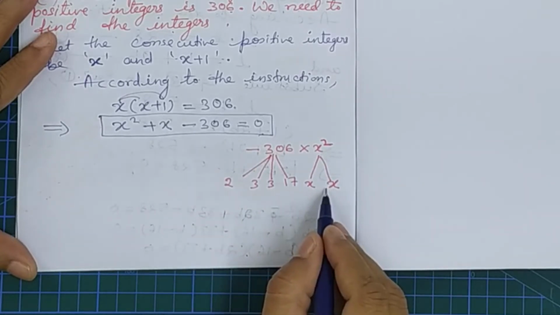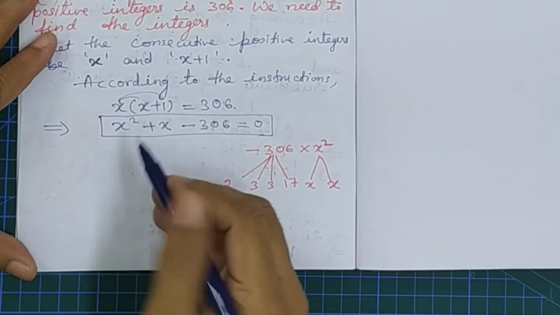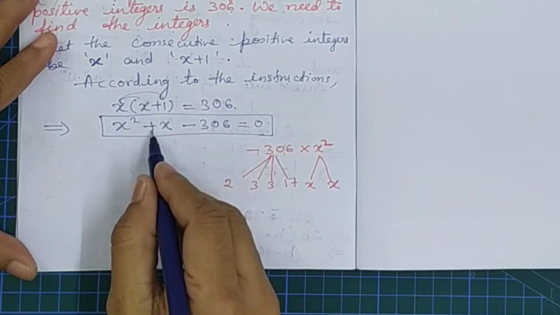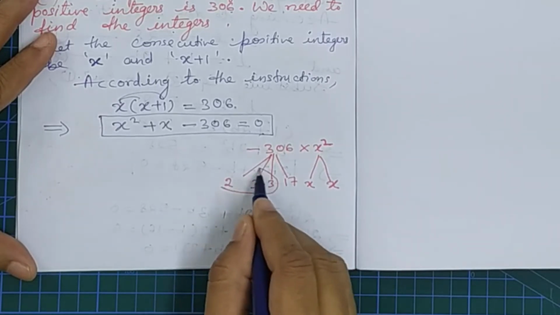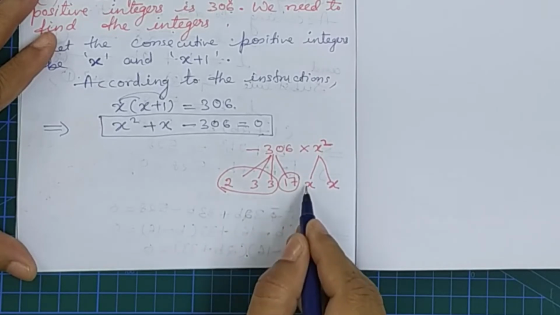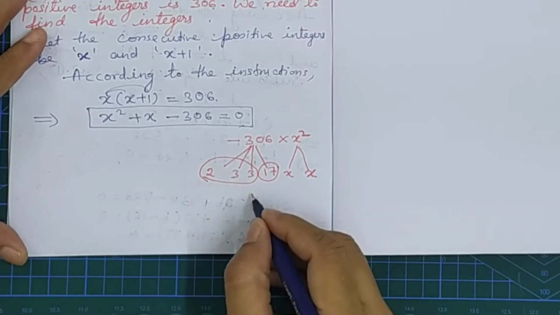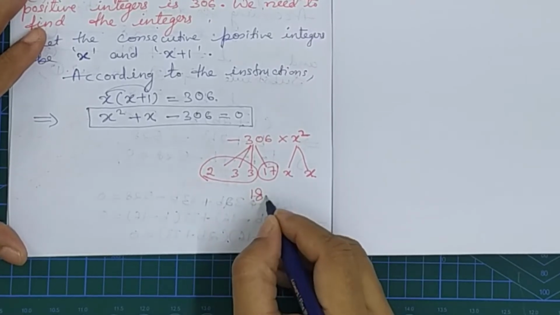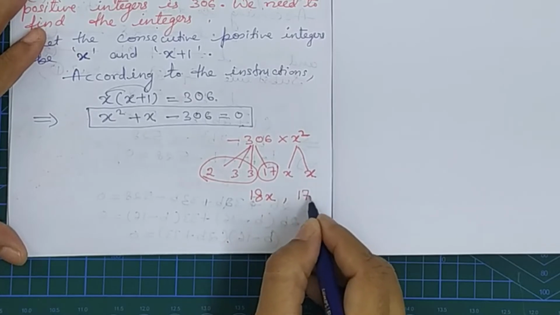These numbers we have to take in two sets, so that when we add them, we get plus x. We can do that by taking this as one set, 3 3s are 9, 9 2s are 18, and x, and then we have 17 and x as another set.